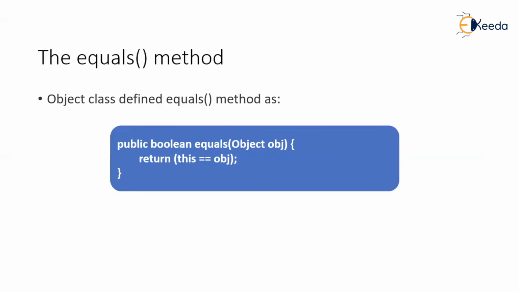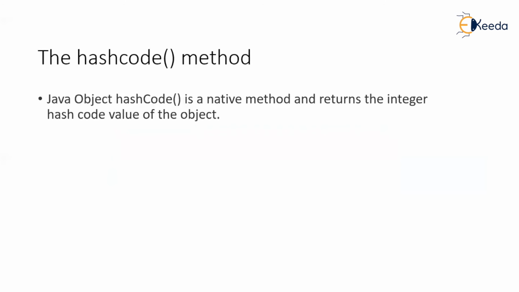Meaning, suppose A and B are two references, and if they are pointing to the same object, then this equals method will always return the boolean value true. So this is about the equals method.